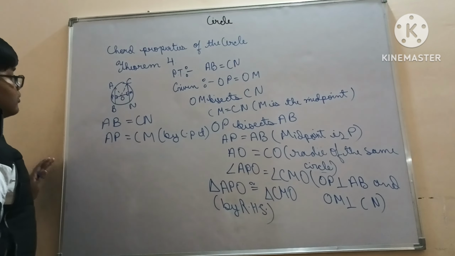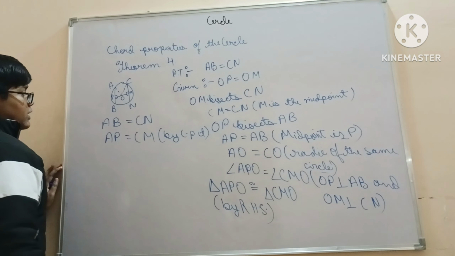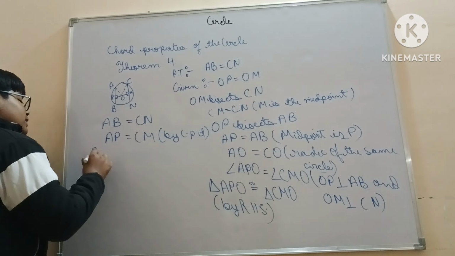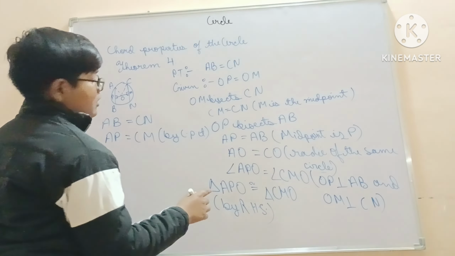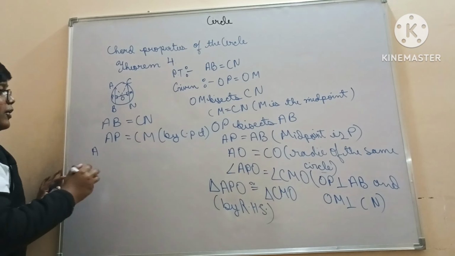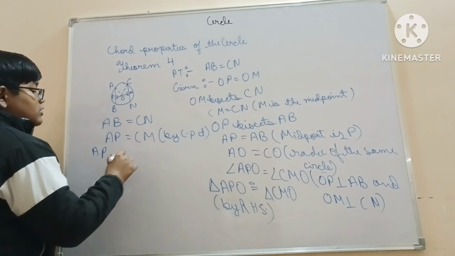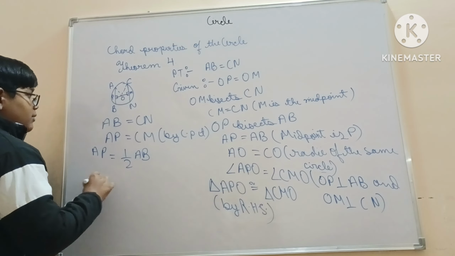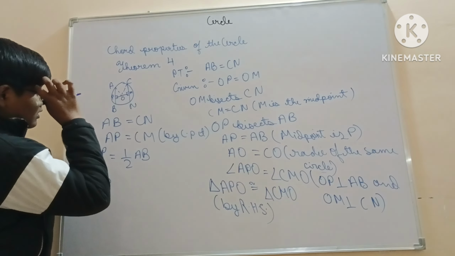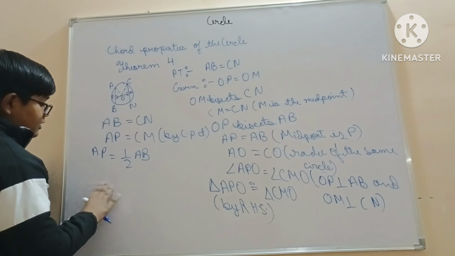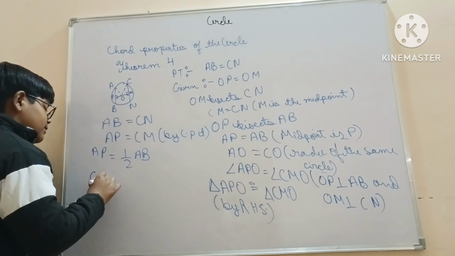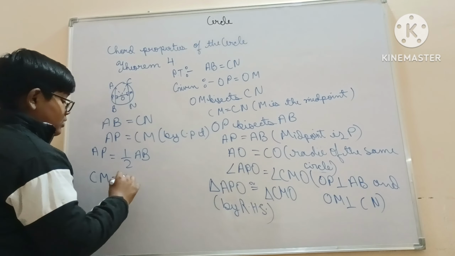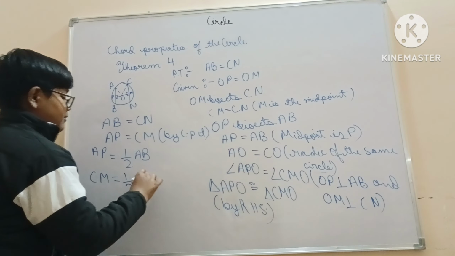As it is given that P is the midpoint, AP is equal to half of AB, and CM is equal to half of CD.